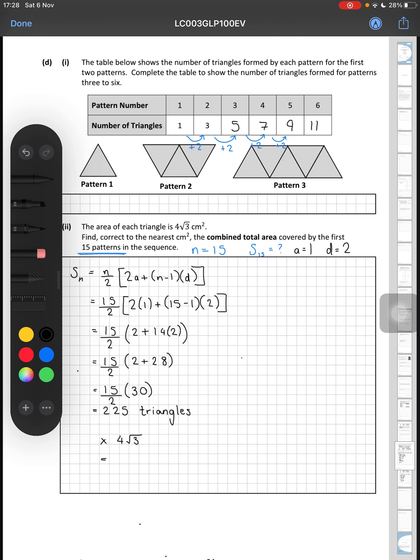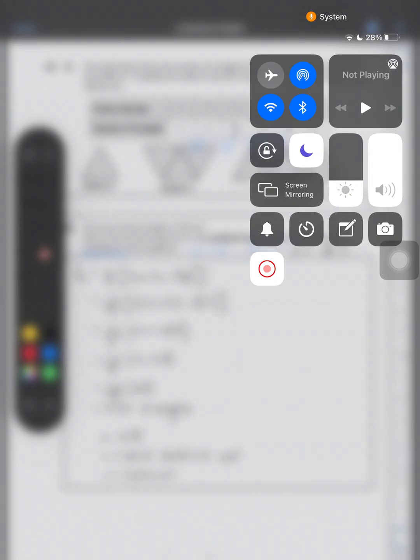Now each of those triangles has an area of 4 square root 3 centimeters squared. So we're going to multiply that by 4 square root 3, and we get 1558.85727.